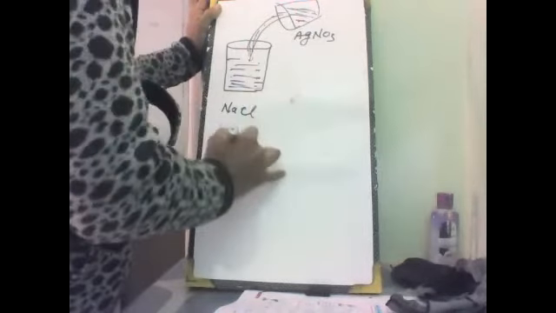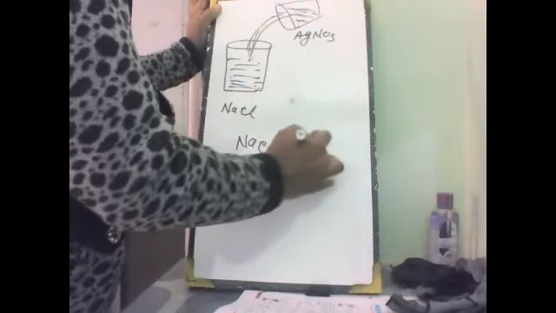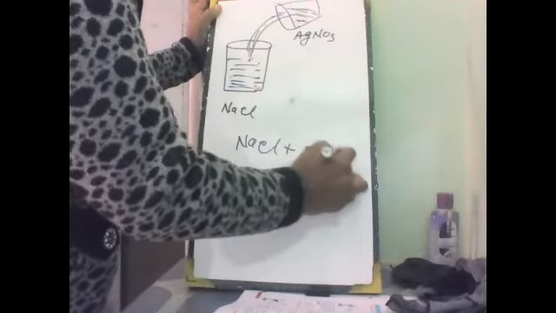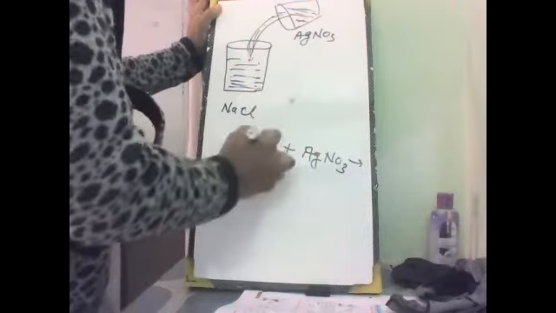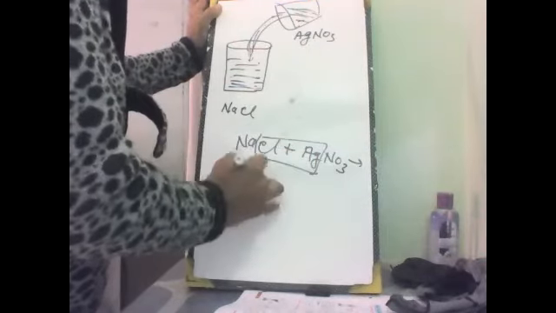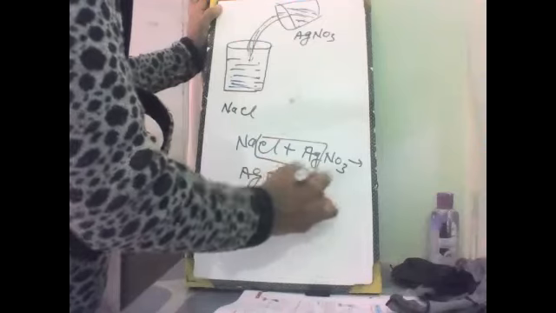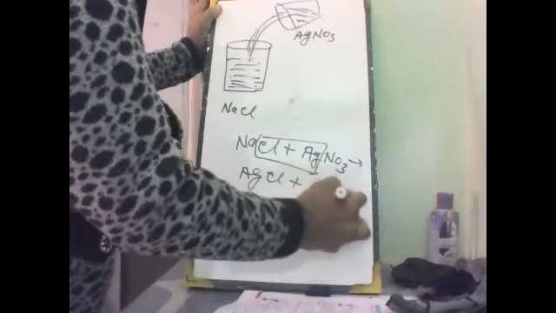When NaCl and AgNO3 react together, they form AgCl and NaNO3.